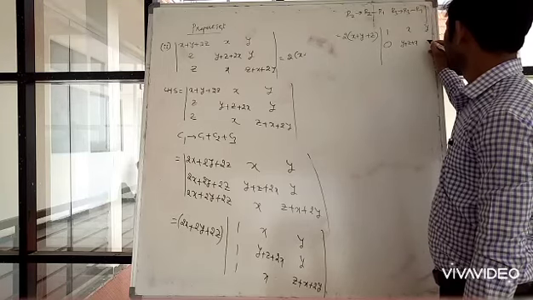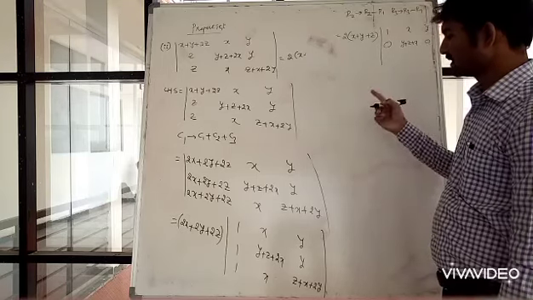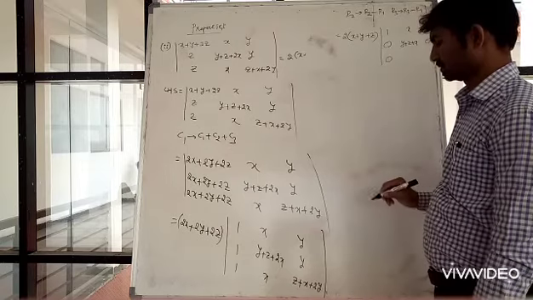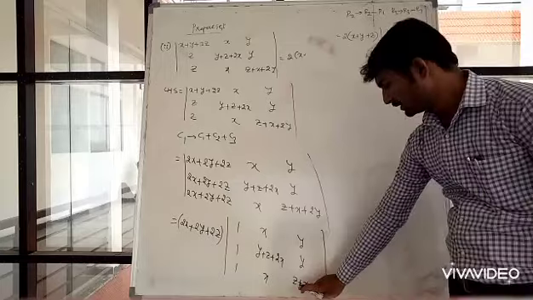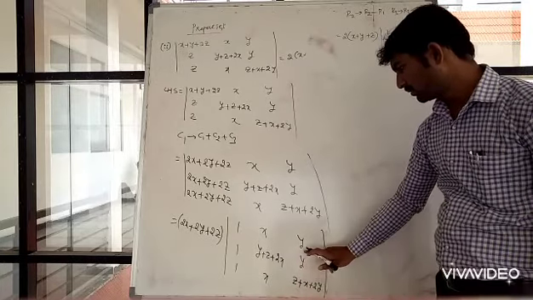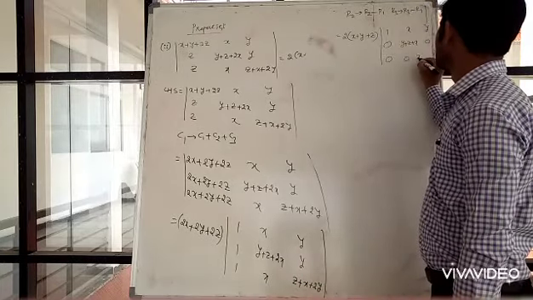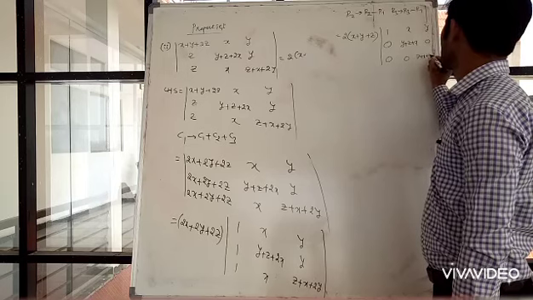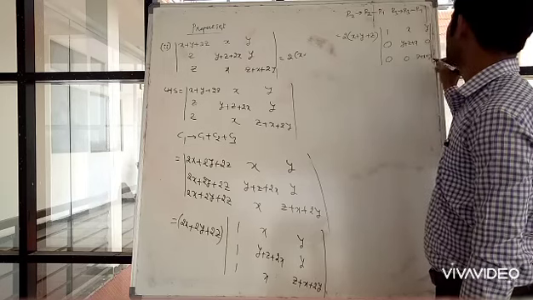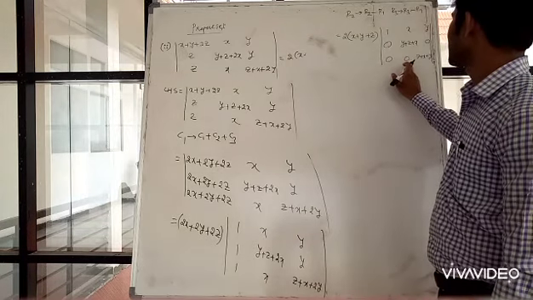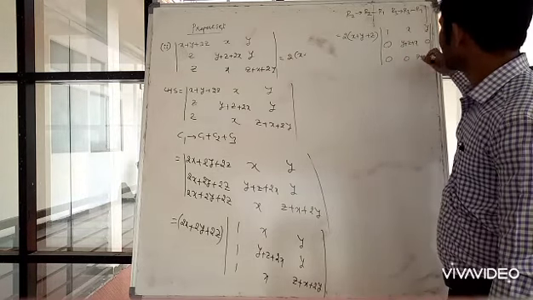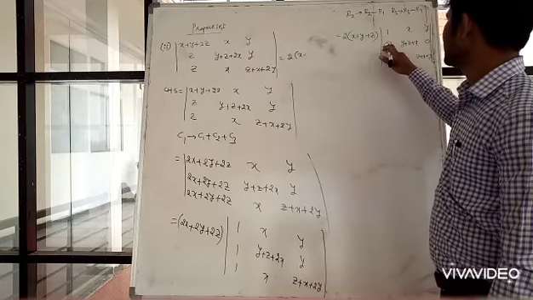y minus y, 0. Then 1 minus 1, 0. x minus x, 0. Here z plus x plus 2y minus 2y means z plus x plus y. Is it right? And again, one side of principal diagonal. This is principal diagonal. Below that principal diagonal, these three elements are 0.